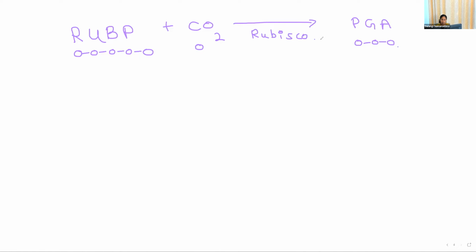Without writing the enzyme Rubisco, I can write down instead RUBP carboxylase. RUBP carboxylase is nothing else, it's Rubisco.